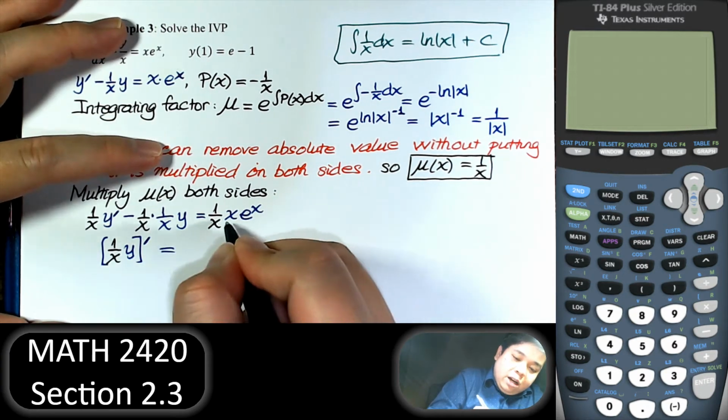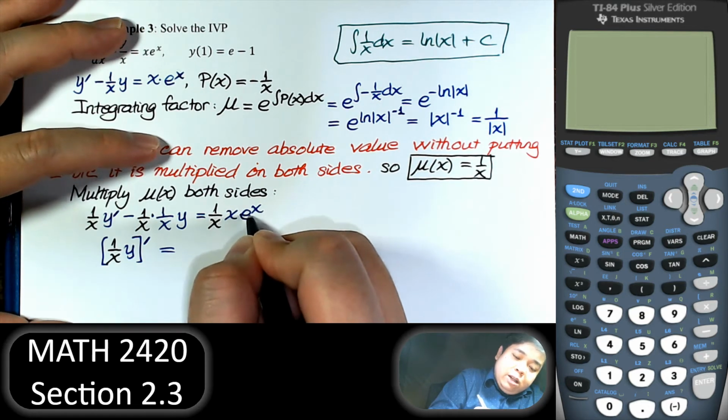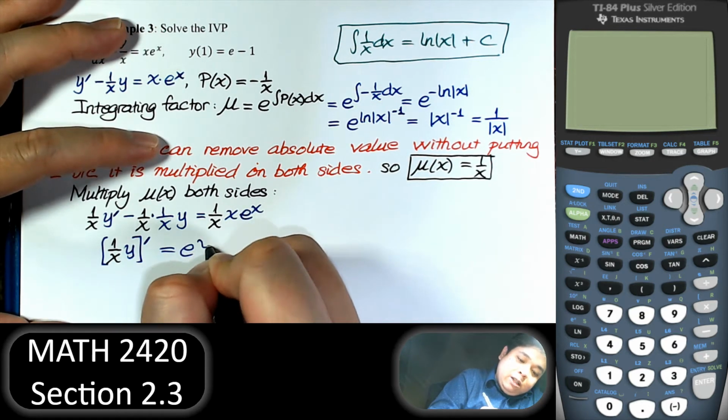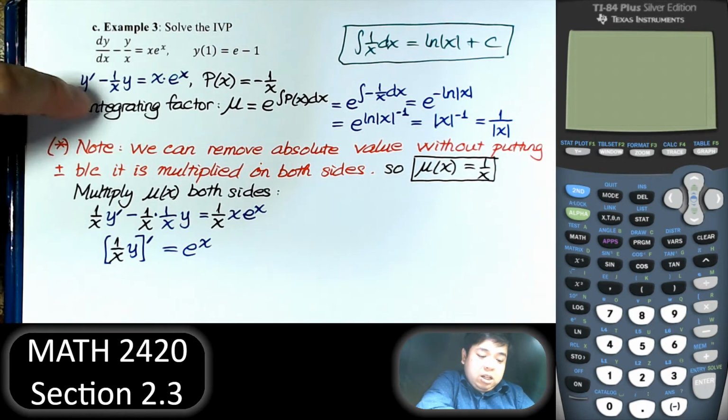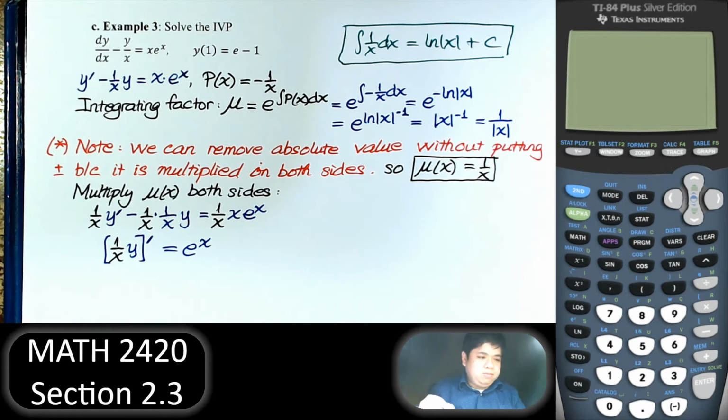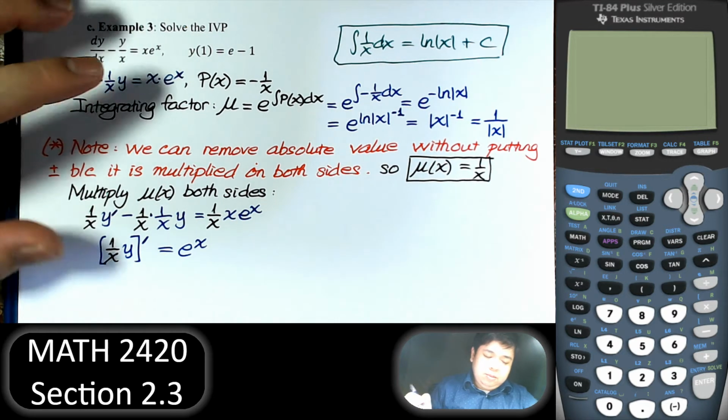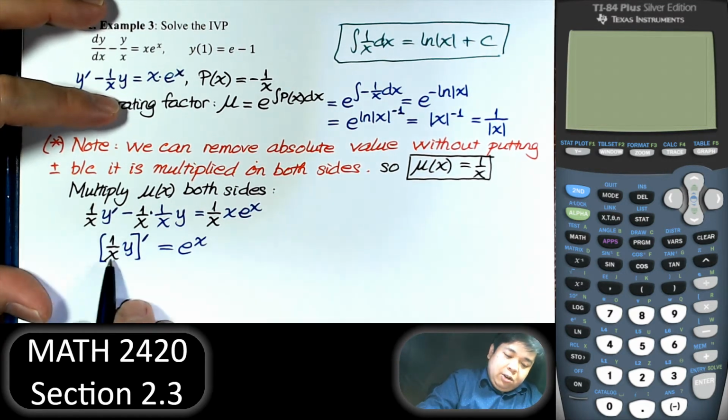The right-hand side, x and x cancel out. We have just e to the x. Right. In the lecture, I do some easy examples. In the homework, you may have integration by parts. The integration might be a little more complicated. But the idea here is just the integrating factor multiplying both sides. Right, so derivative.